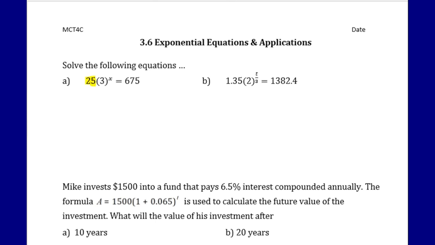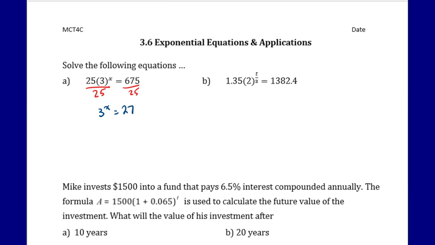Because I'm multiplying 25 by 3 to the power of x, I want to cancel out this 25. So I'm going to divide both sides by 25. I get 3 to the x is equal to 675 divided by 25, which is 27.